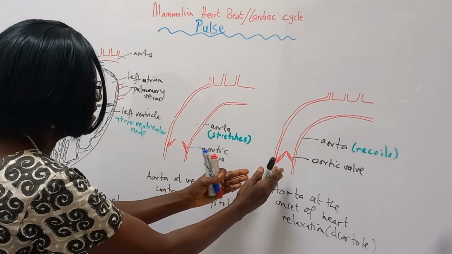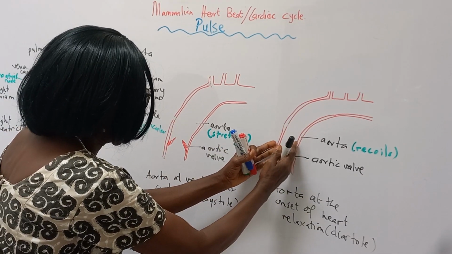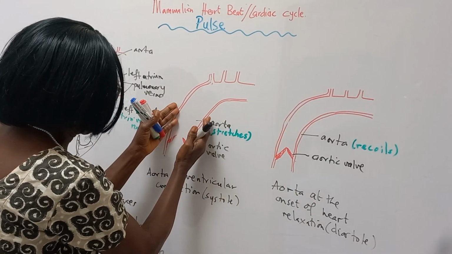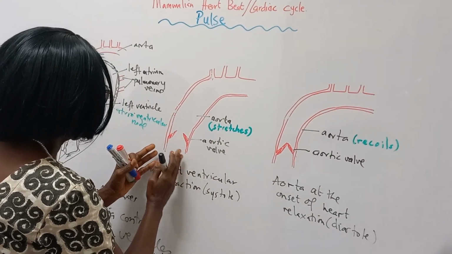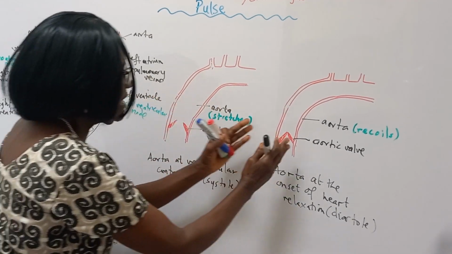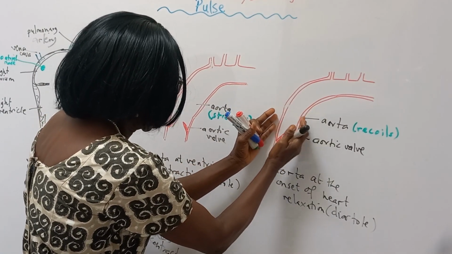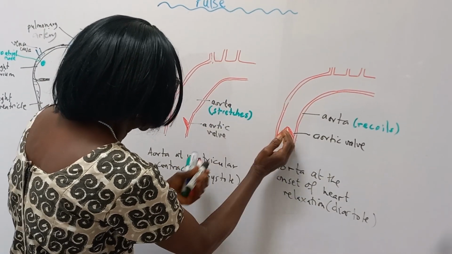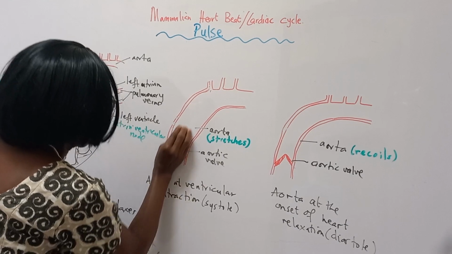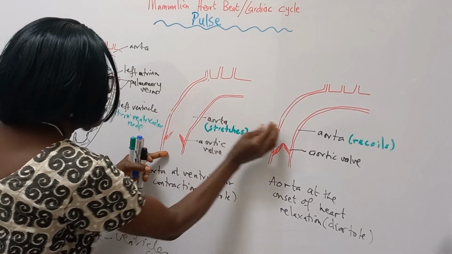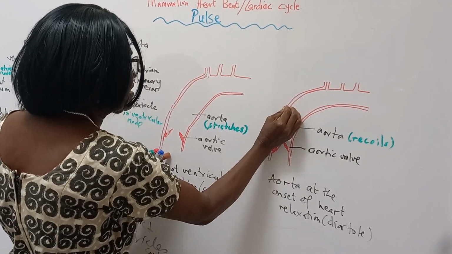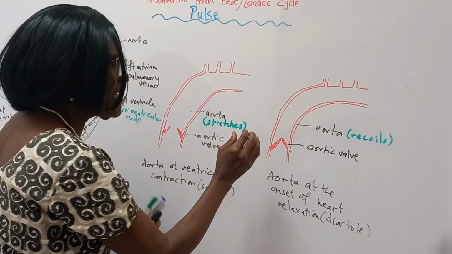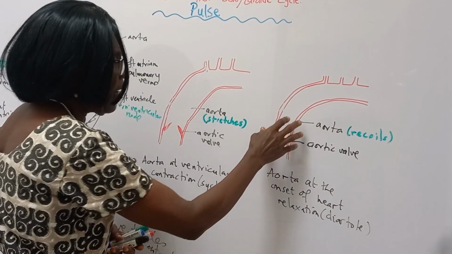So as the aortic valves close, the aorta recoils from a stretched position. So the aorta is stretched bigger, then it recoils, becoming smaller, and as it does that, when it stretches, the blood is pushed out. As it recoils, it pushes the blood further on, creating a surge or a pulse.